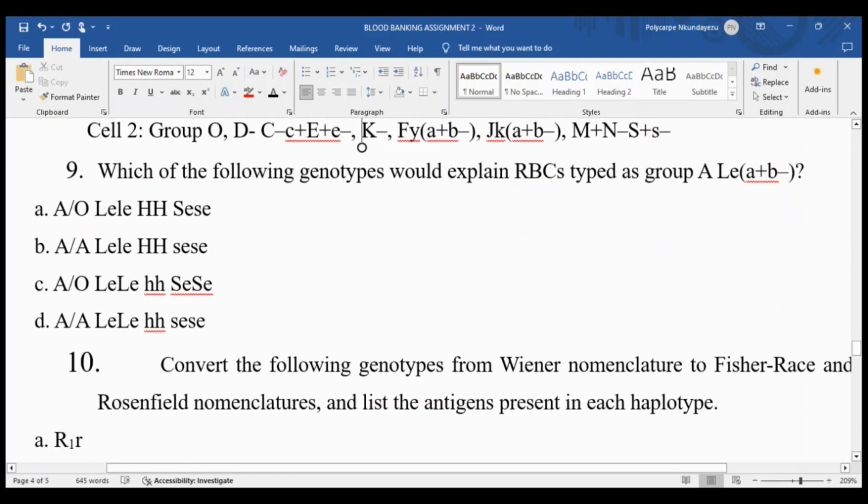Okay, now which of the following genotypes would explain the RBC type as group A, Lewis A positive, B negative? Which one of the genotypes would explain this?